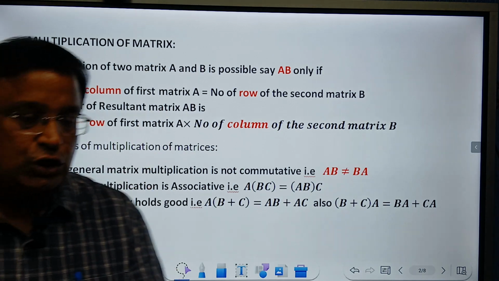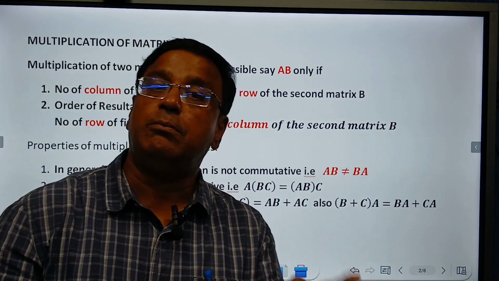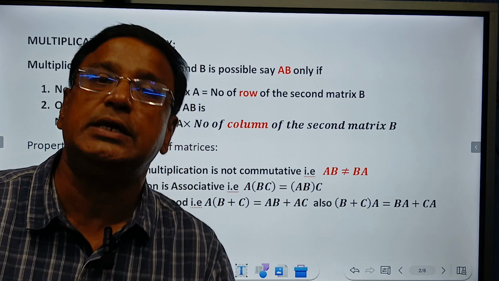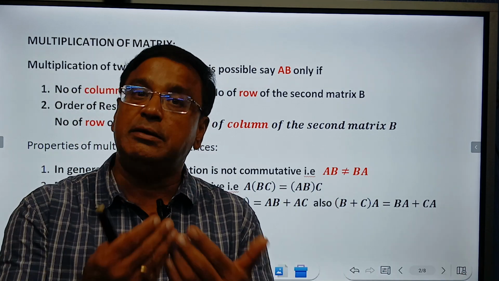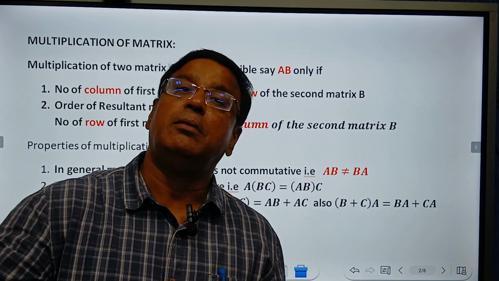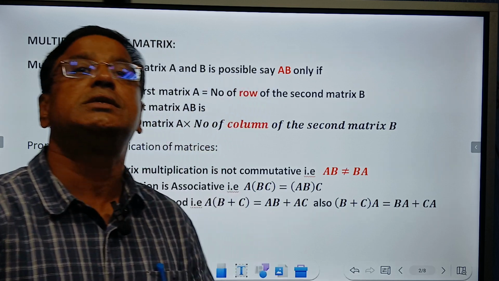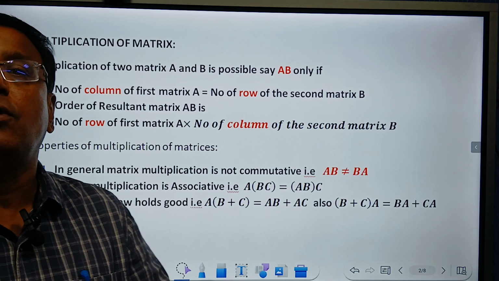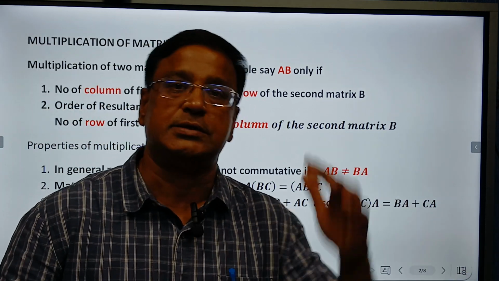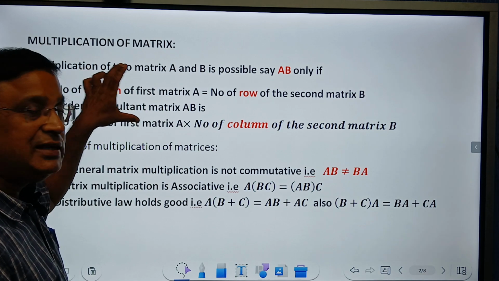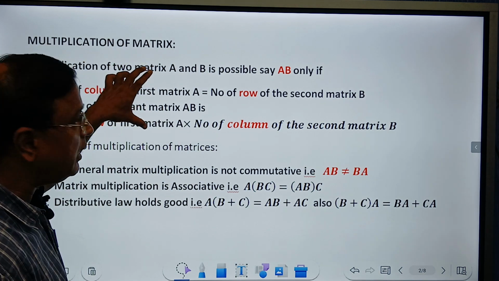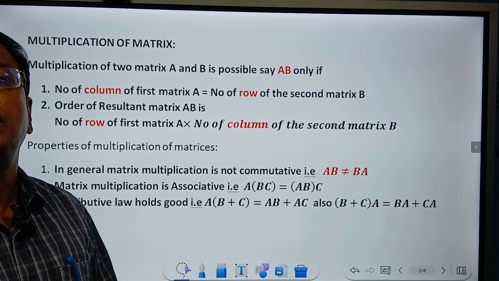For multiplication to be possible, the number of columns of the first matrix should equal the number of rows of the second matrix. But the resultant matrix will have order: number of rows of the first matrix by number of columns of the second matrix. That is a very, very important thing. You should verify these conditions and keep them in mind if you want to perform multiplication.